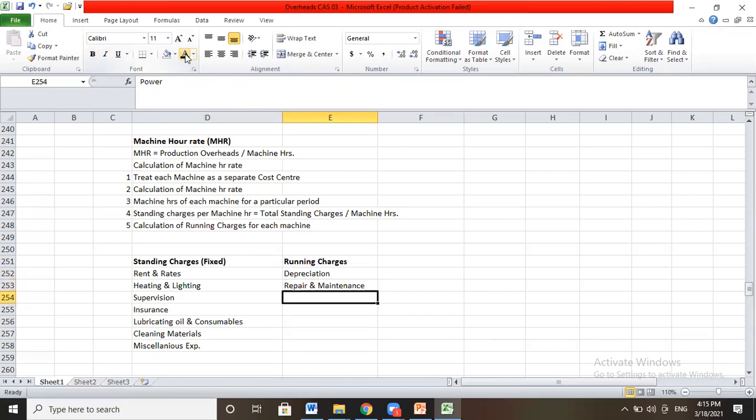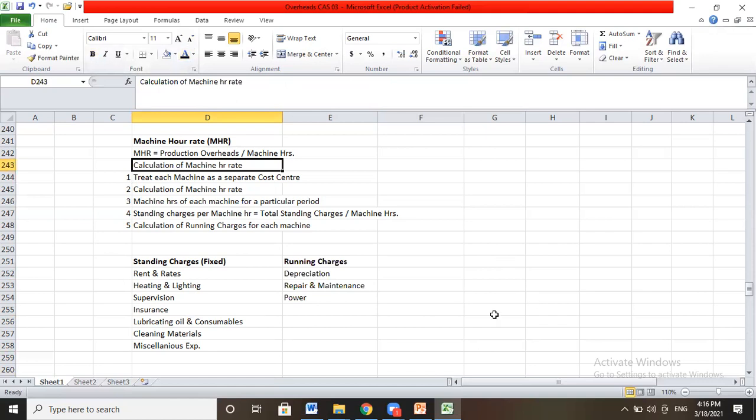Then repairs and maintenance, and in a few cases power as per running requirement. As you run the machine, power consumption takes place, so it depends on the running charges. These are all the expenses we need to consider while doing the machine hour rate, MHR.